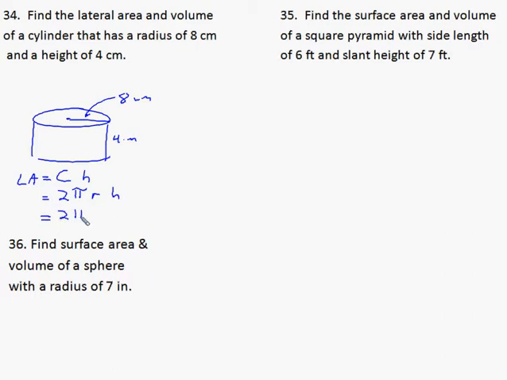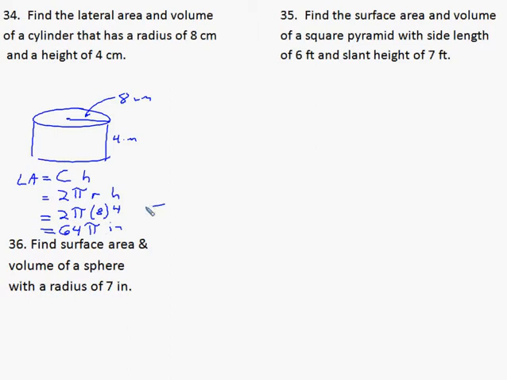Plugging that in, our radius is 8, our height is 4. If you multiply out the numbers there without pi, you have 2 times 8, which is 16 times 4 is 64, so it's 64 pi inches.